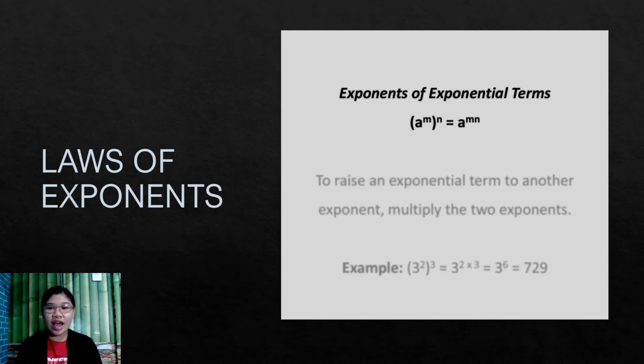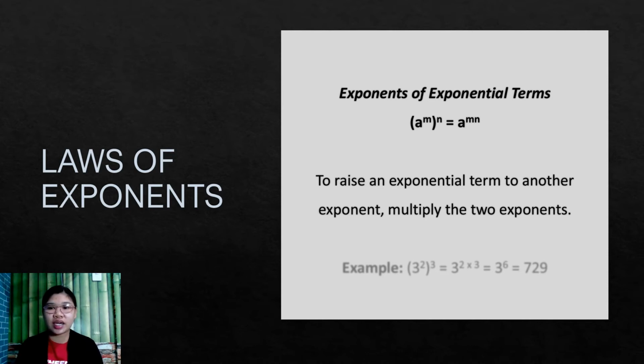So we now have exponents of exponential terms. This part will be focusing on how to raise an exponential term to another exponent. To raise an exponential term to another exponent, multiply the two exponents. We have the exponential term a raised to m, and it is also raised to the exponent n.